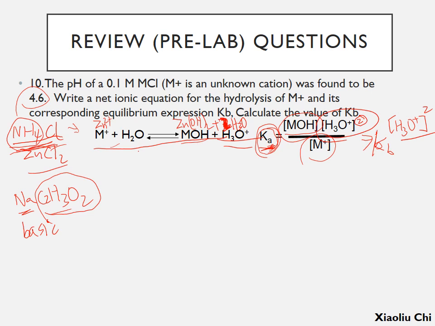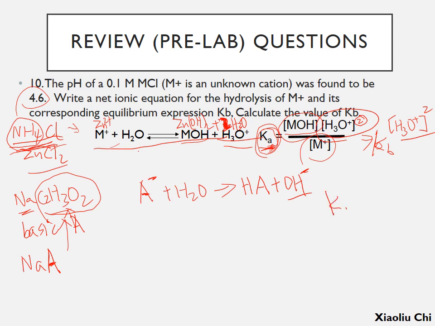Now for simplicity, I use A to represent this anion, so this can be written as NaA. A represents the acetate anion, and so the hydrolysis reaction is A minus plus water goes back to the weak acid plus hydroxide. And that makes the solution basic. And this equation is related to Kb.